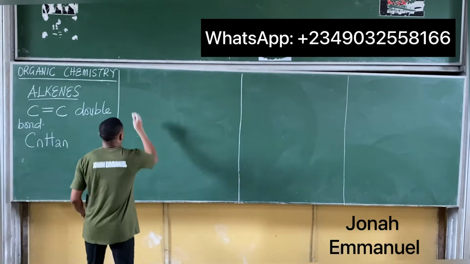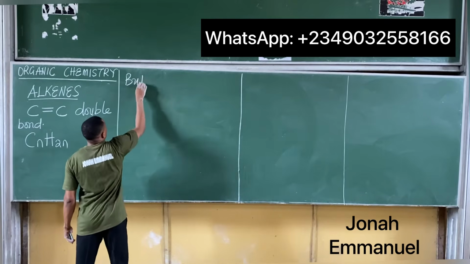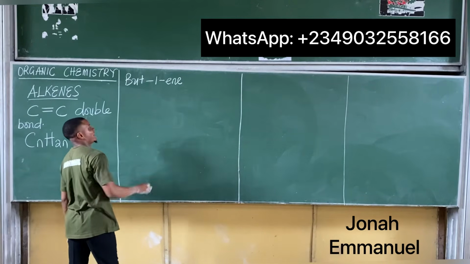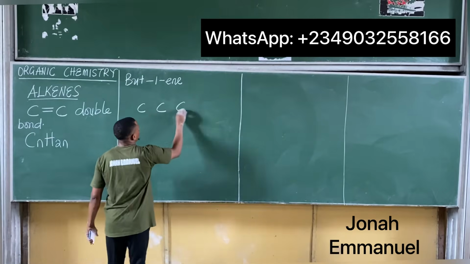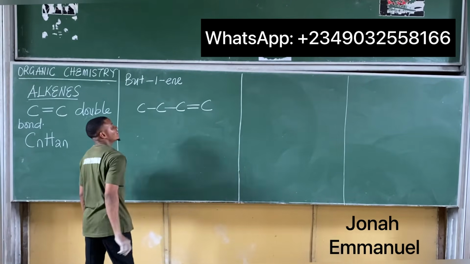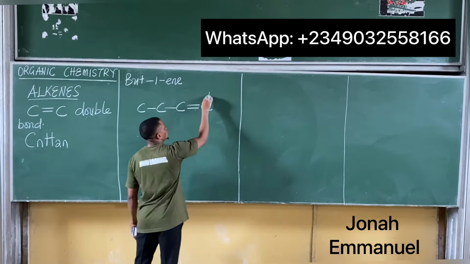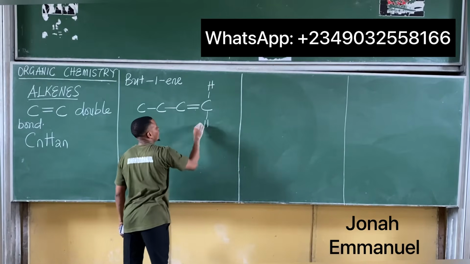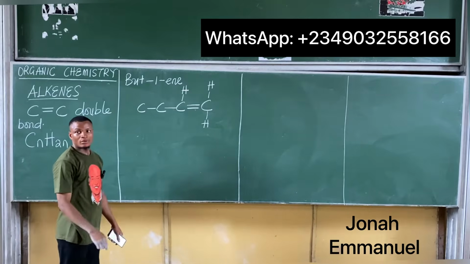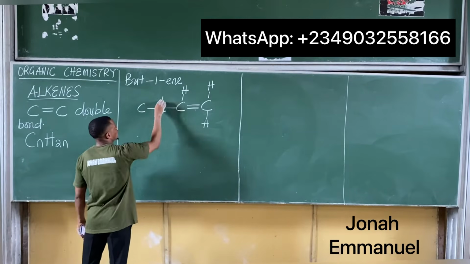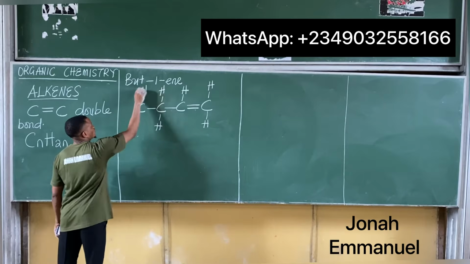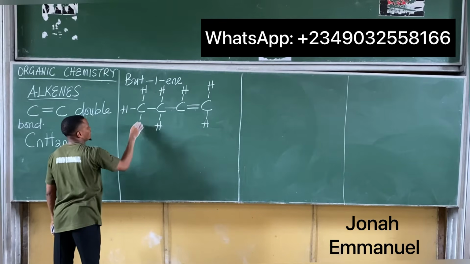Let me take an alkene, but-1-ene or butene. For but, I expect 4 carbons: 1, 2, 3, 4.